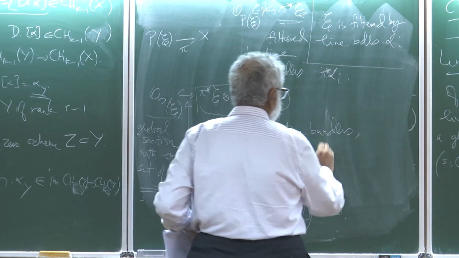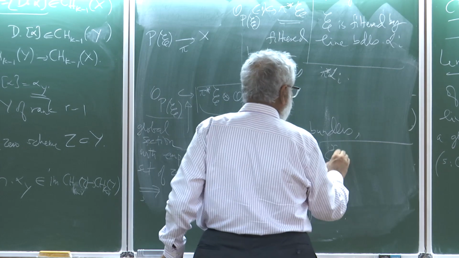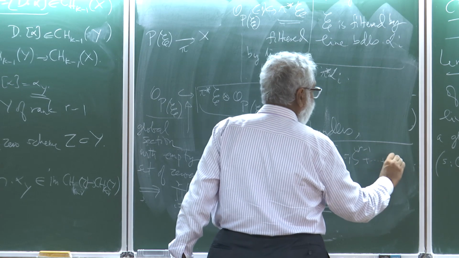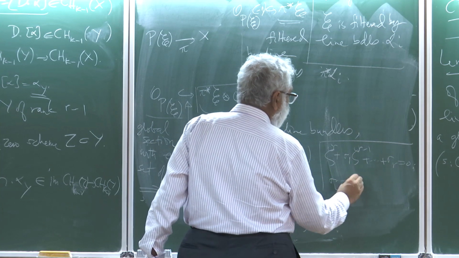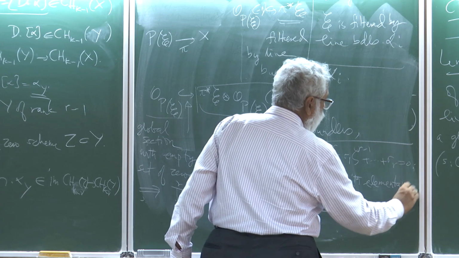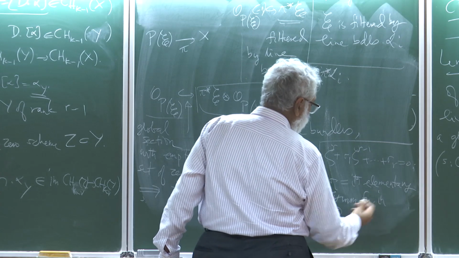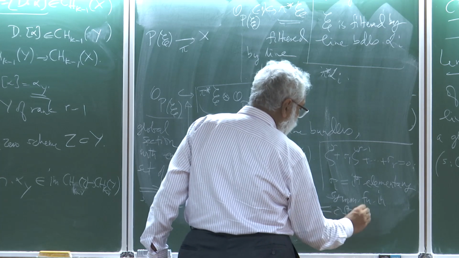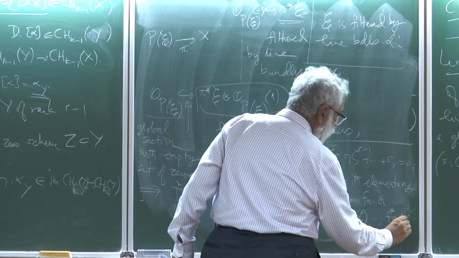Maybe I'm just not saying this well. If I expand out this polynomial, it's just saying zeta raised to r plus sigma 1 zeta raised to r minus 1 plus dot dot dot plus sigma r equals 0, where sigma i is the ith elementary symmetric function in C1 of pi upper star L1 and so on, up to pi upper star C1 LR.